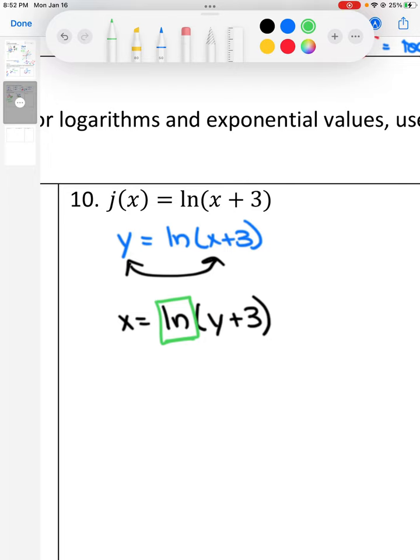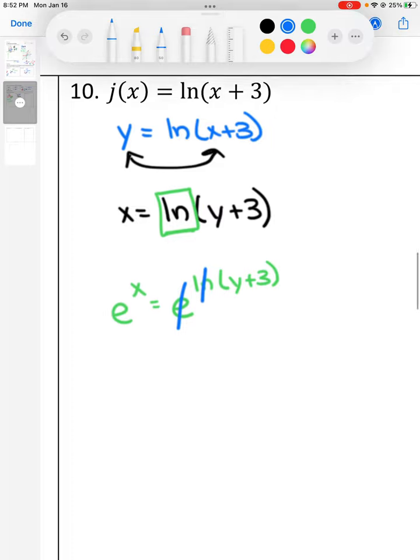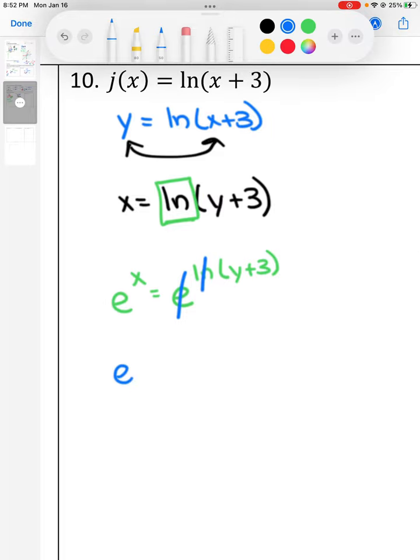So I'm going to raise both sides. So if I raise this side, so this becomes my new exponent, I need to raise the other side, so x becomes an exponent. These have the same base, and since logarithm and exponents are inverses, they cancel each other out. Okay, so we have e to the x equals y plus 3.